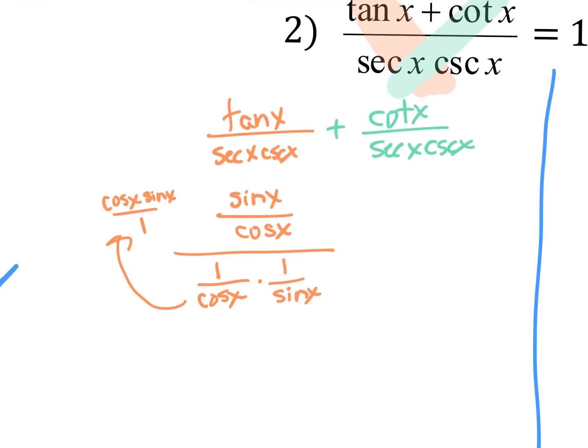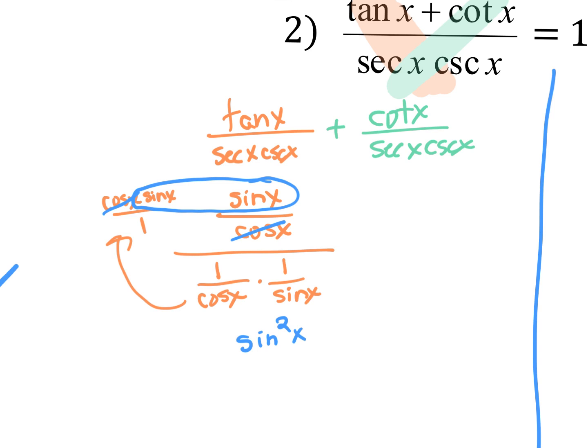The cosines divide out. So this divides out with this. And what are we left with? We're left with sine squared x. So all of that tangent over secant, cosecant business just simplified to sine squared x. We got to do a similar process for that green term, the cotangent over secant times cosecant.